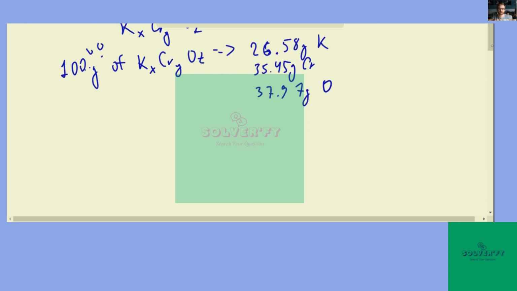Now let's convert it to the number of moles. So the number of moles of potassium equals 26.58 over the molecular weight of potassium, which I'm going to find now.